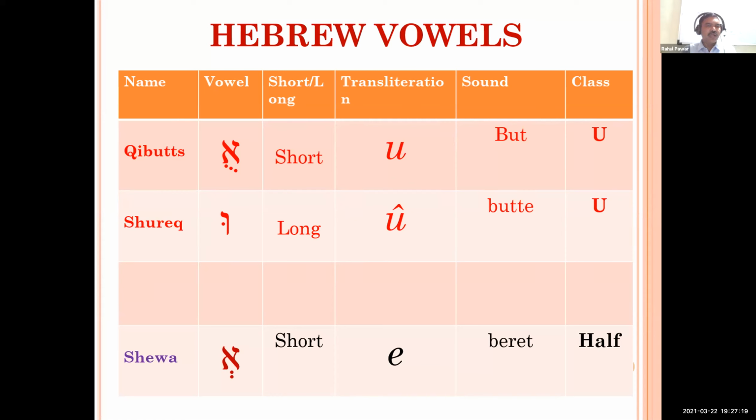Under Vav, you give a dot that gives a long sound, U sound. The circumflex is towards upward, like U in beauty. And Shiva gives a short E vowel, and that is a half vowel, like in Beret. That E is very short.